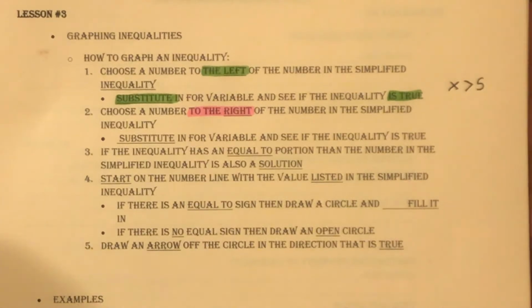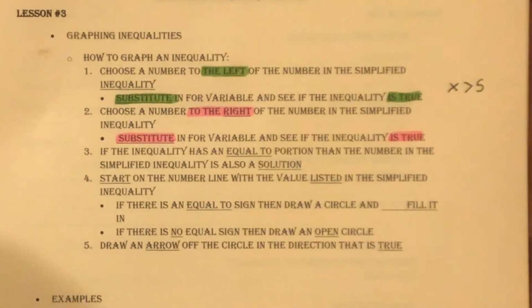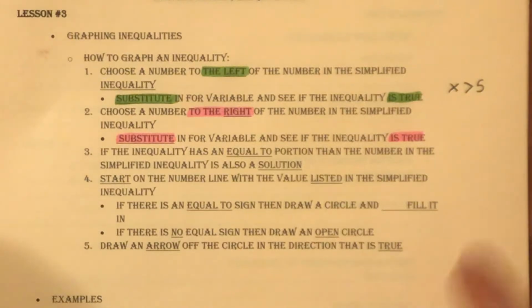And then I would plug that into the inequality for x, and I would see, all right, does that make it true? Is it true? Now what you're going to find is that only one of those is going to be true. Either the left side or the right side is going to be true. And that's a big indicator for us when it comes to graphing. Whichever side is true is going to tell us specifically what our graph is going to look like.